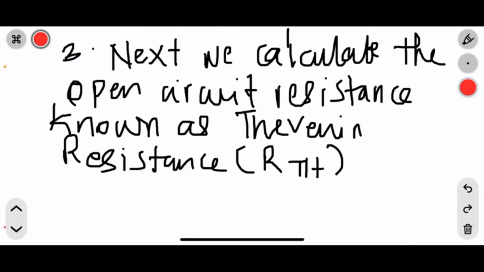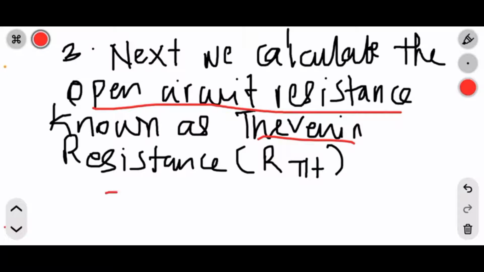Let's move on. Step 3. Next, we have to calculate the open circuit resistance, also known as the Thevenin's resistance. For the VTH, you just open that part, you put your VTH there, you do your normal current distribution, and you find your VTH.